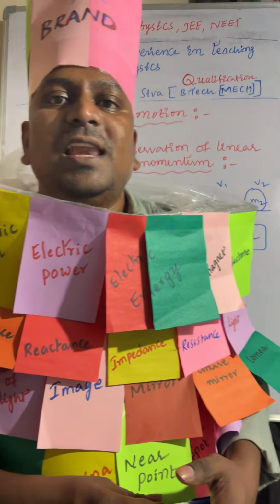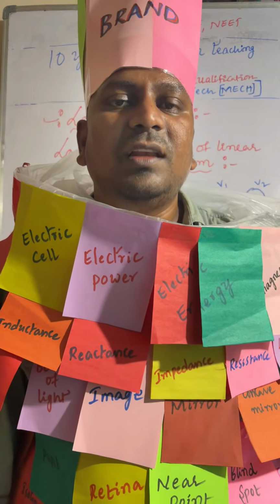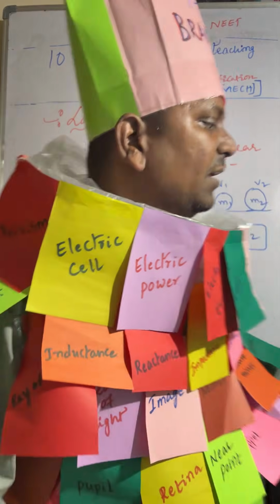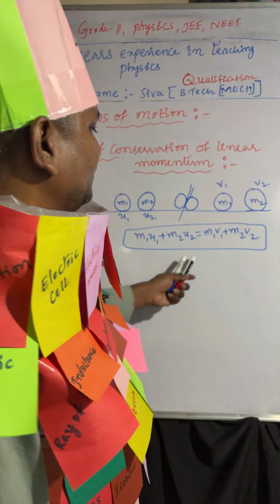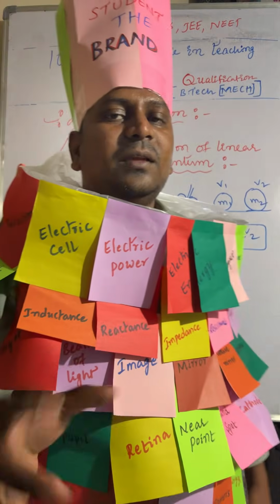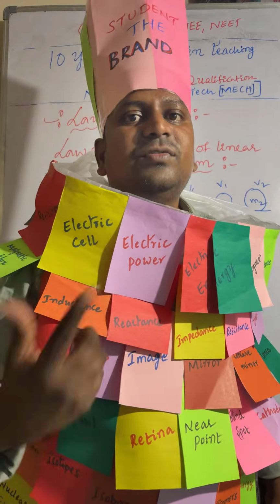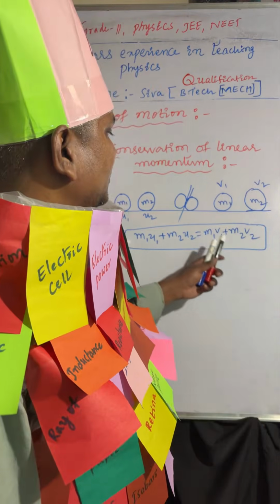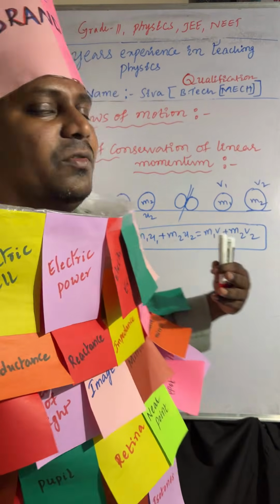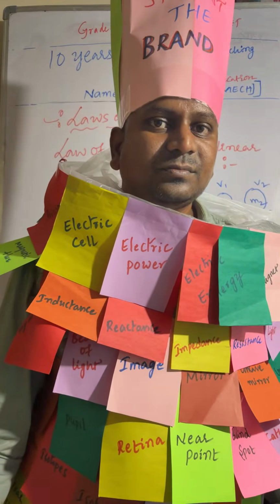Even the recoil velocity of the gun. Before firing, the system is at rest completely, so this entire term becomes 0, because m1 u1 and m2 u2: bullet and gun both are at rest. After recoil, both are moving. The bullet and gun move in opposite directions.